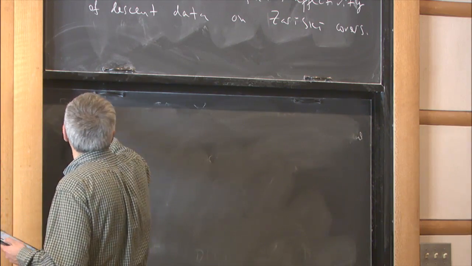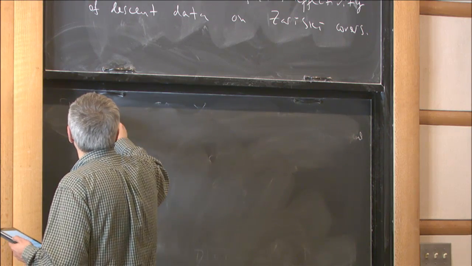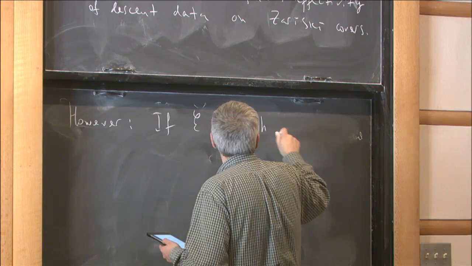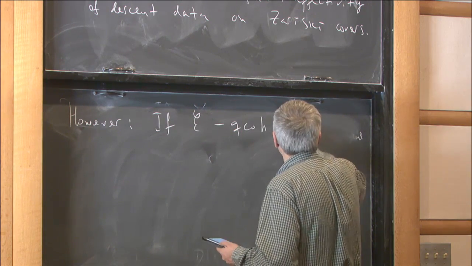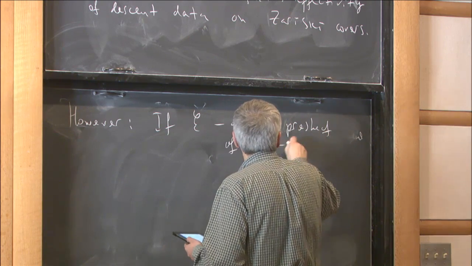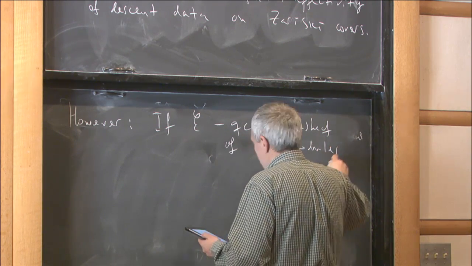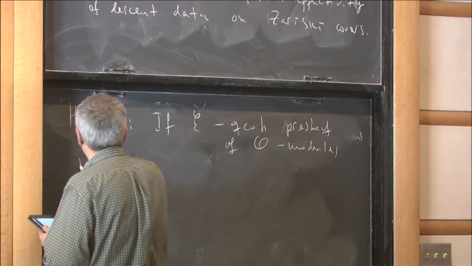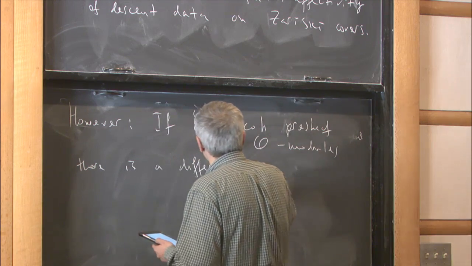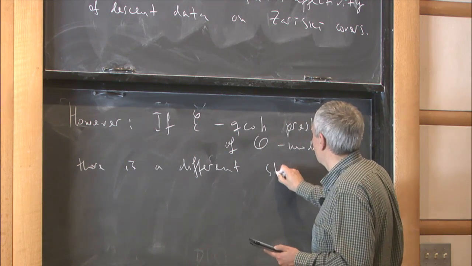So if E is a quasi-coherent presheaf of O-modules, there is a different sheaf condition that we can write.